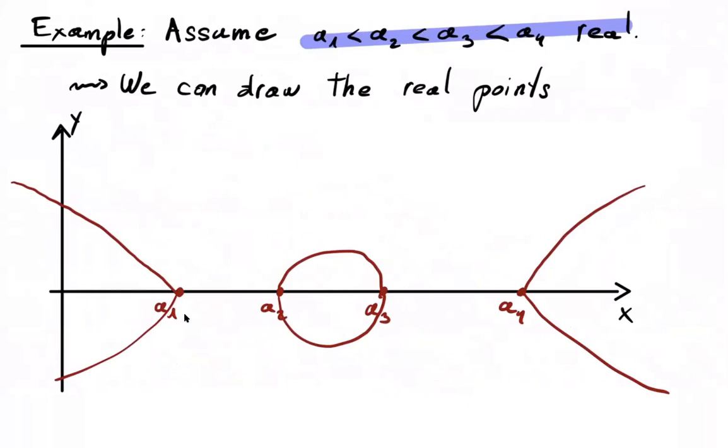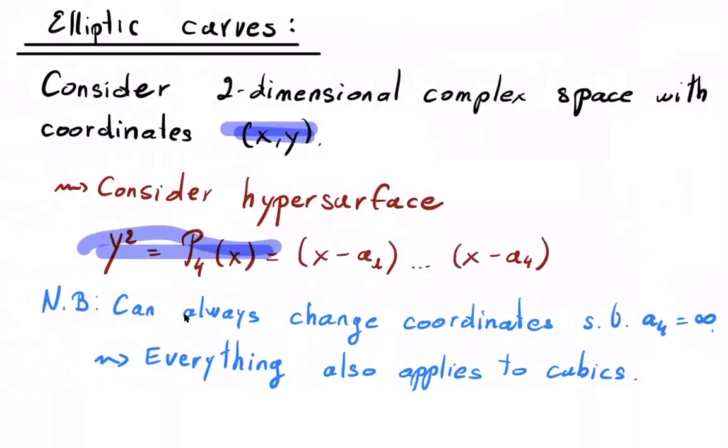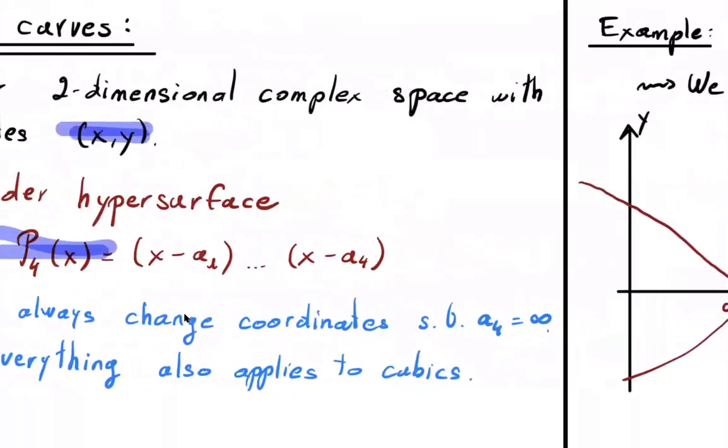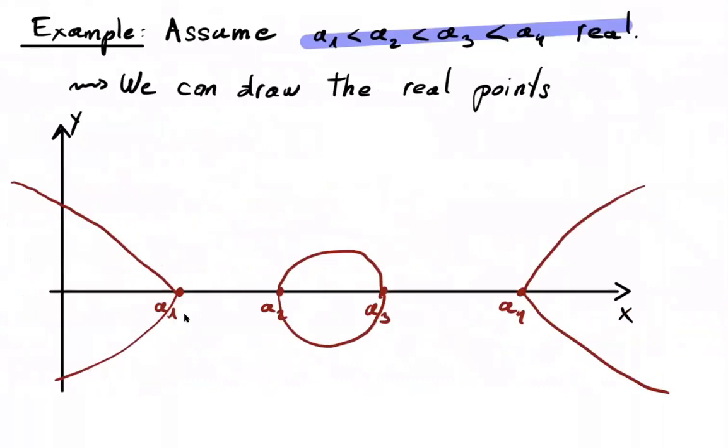And you also see easily that the only points that correspond to y equals 0 are those where x is a1, a2, a3, a4. So the only points where your curve will intersect the x-axis are these 4 points, 1, 2, 3, 4. So that is what this curve looks like.